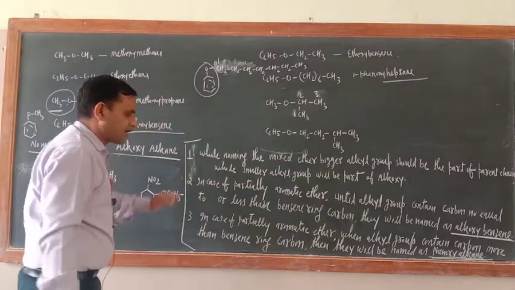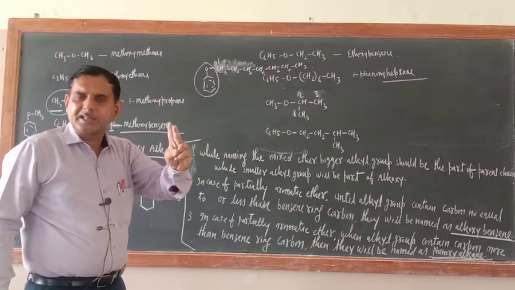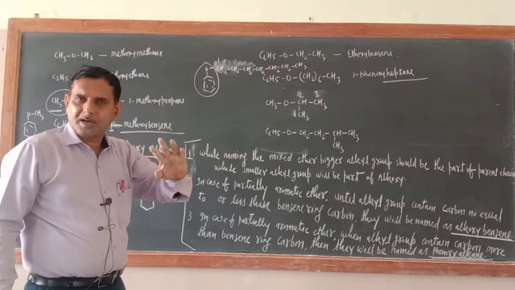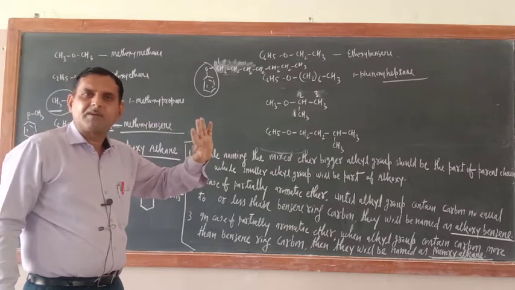So at this one number, what is there? The phenoxy group is there. In simple language, if the alkyl group contains a lesser number of carbon atoms or equal to the benzene ring carbon atoms, they will be the part of alkoxy.